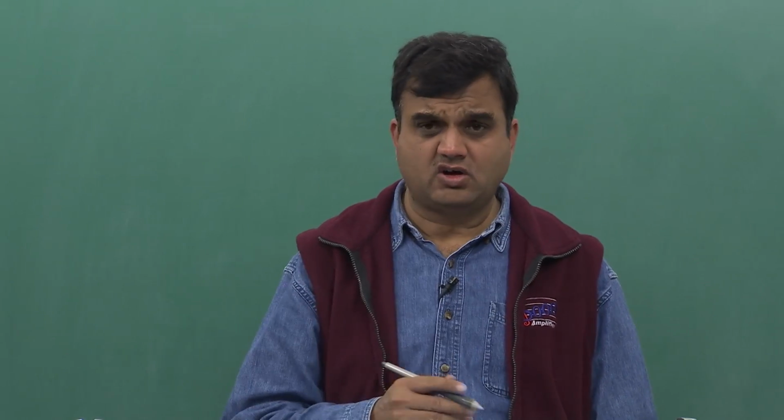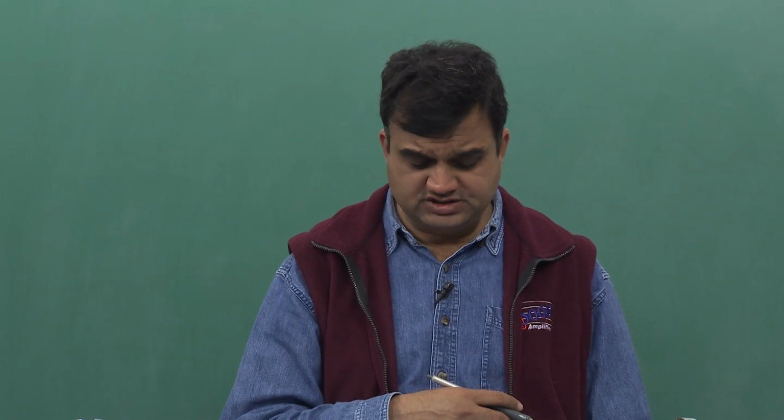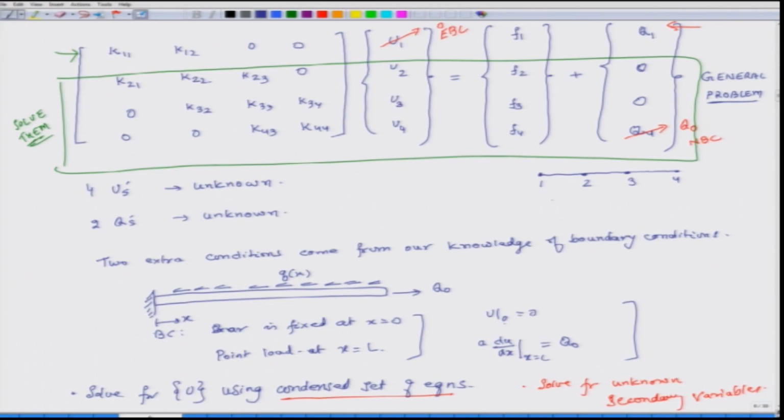In the last lecture or the lecture before that, we had seen that if we have a bar which is broken into 3 elements, then at the assembly level we get 4 equations, and the K matrix is of a 4 by 4 type. Looking at the specifics of the problem, u was specified as 0 at x equals 0, and at x equals L, an external force was applied which was equal to Q naught.